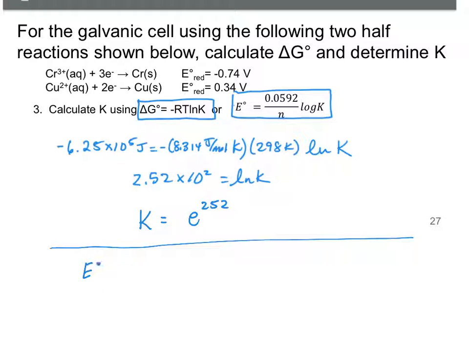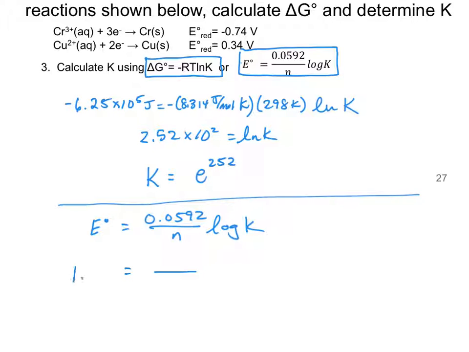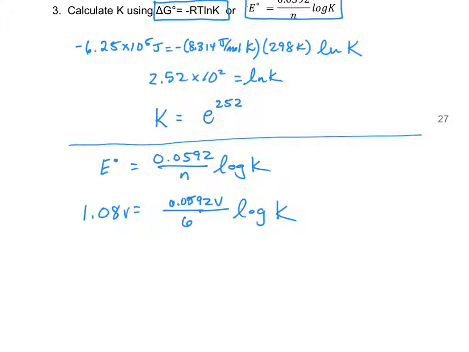If we do use our cell potential, again, we have 6 electrons transferred. Our cell potential was 1.08 volts, 0.0592 volts, 6 electrons, log of K. Multiply, divide, you get 109 equals log of K. And so K is equal to 10 to the 109.